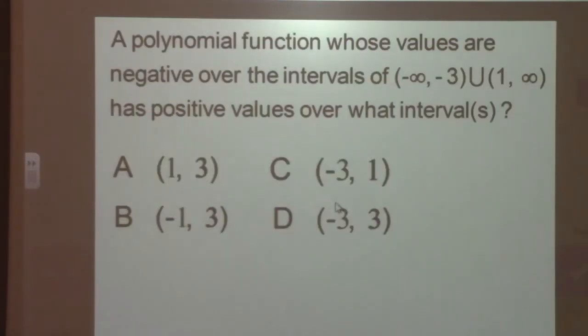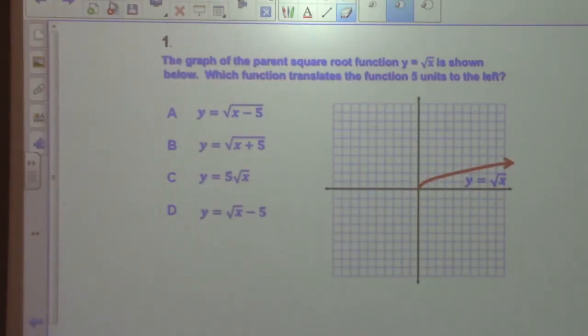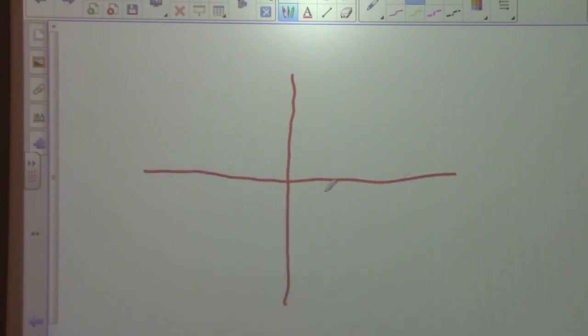Okay, let me show you what this is here. You got negative intervals here, but it's positive everywhere else. So that means it's going to have to be positive between -3 and 1. Let me show you. You have zeros at -3 and at 1.